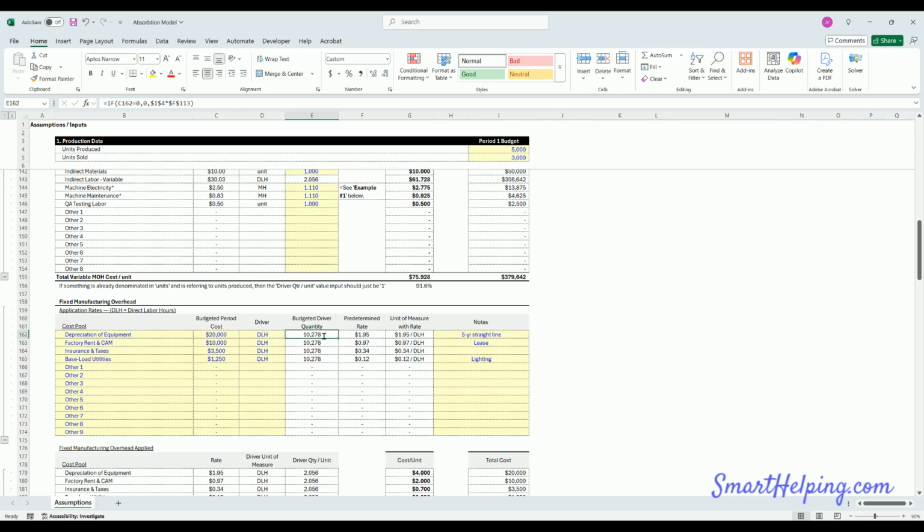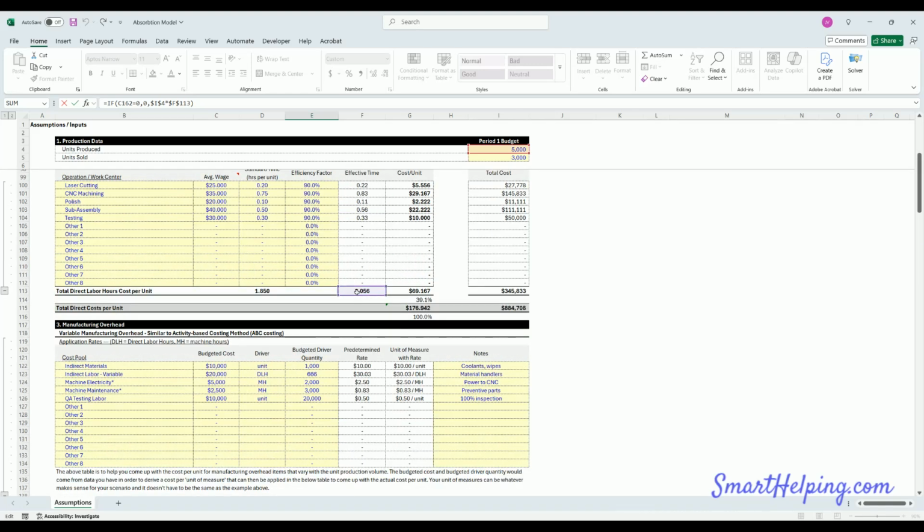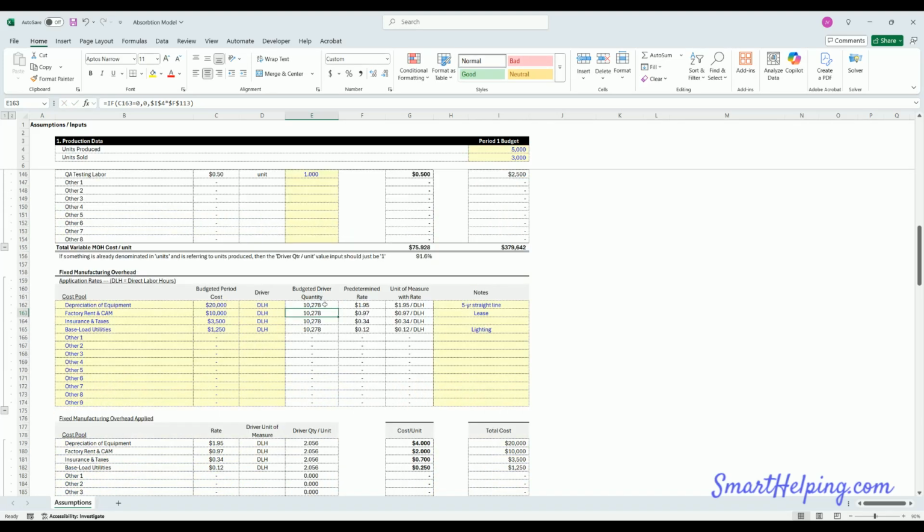You can see this is just multiplying the direct labor hours per unit times the total units produced. And that tells you, okay, in this month, we spent 10,278 direct labor hours. And so all we're doing here is saying, oh, these costs all happened during that period.